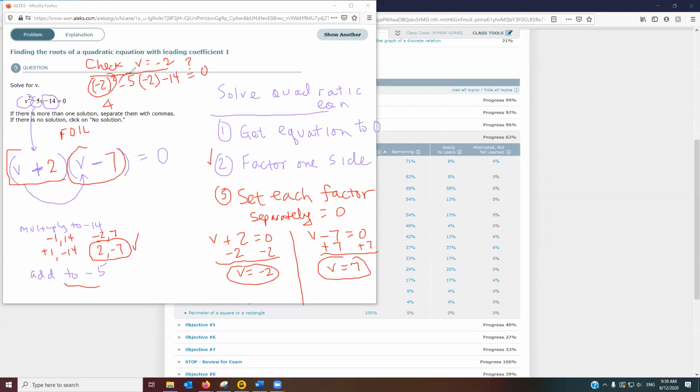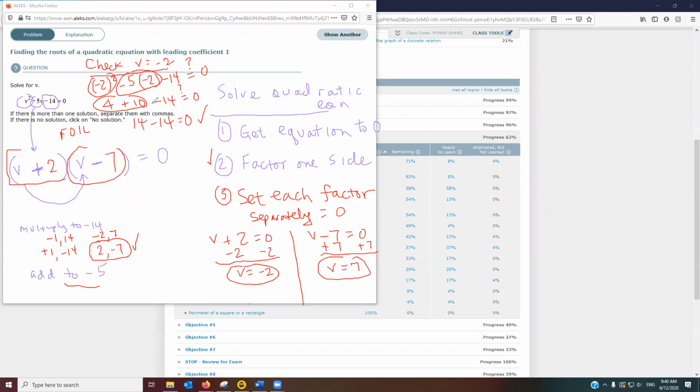This is going to be negative 5 times negative 2, that's plus 10. And you could see this is going to be 14. Subtract 14, that does equal 0. So that gives me confidence that v equals negative 2 was the correct solution here. I could do the same thing with v equals 7, and I would see that's also a valid solution.